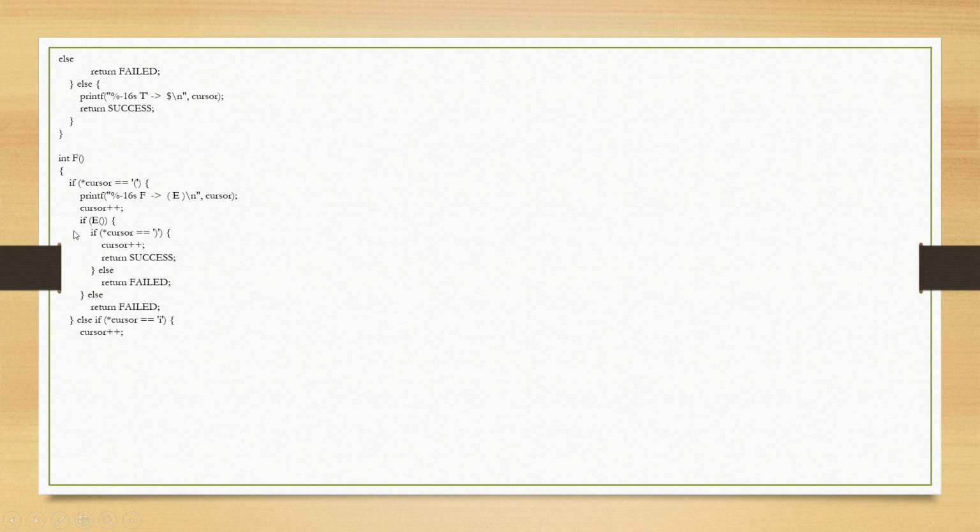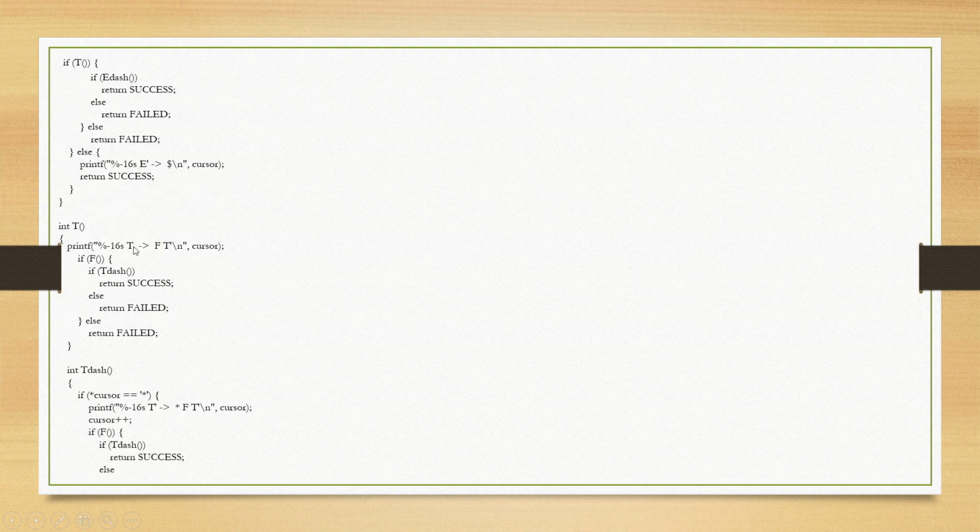Next is the T value. The next variable is T, where this is the printf statement of the T value, and here is the condition. If this condition is true, then it will return success, else it will return a failed value.